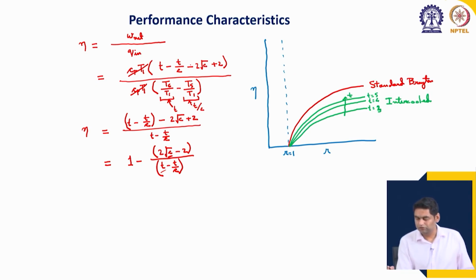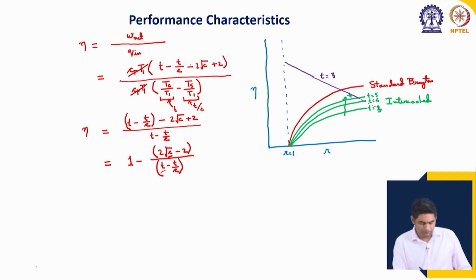Now we will use another color. Again, similar to the pure regeneration cycle, the efficiency decreases and at some point there is a crossover with the corresponding intercooled cycle efficiency curve.